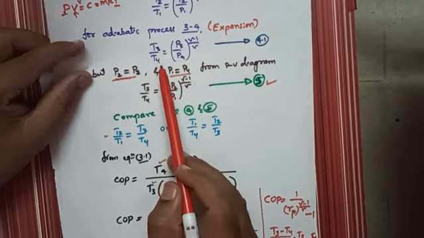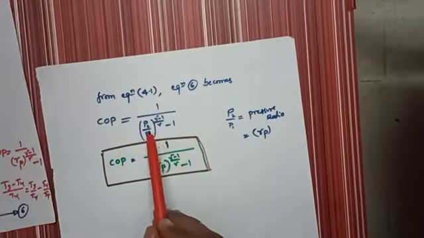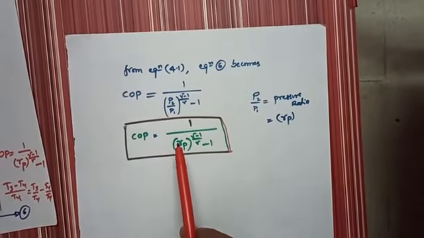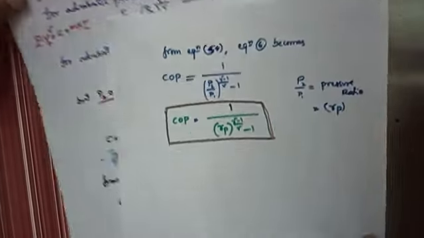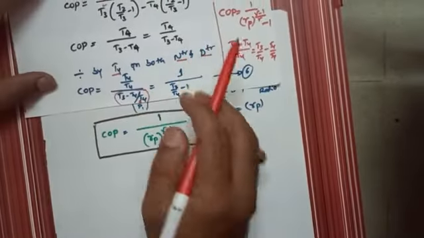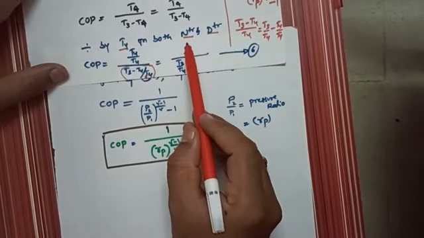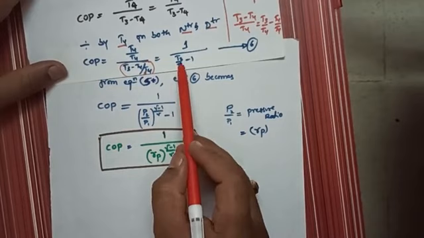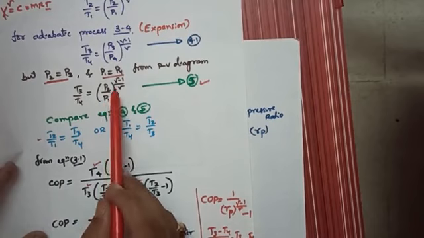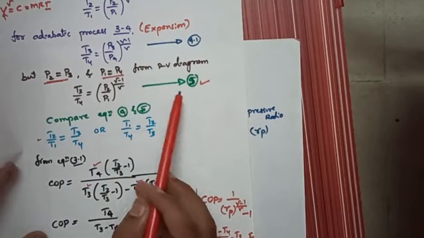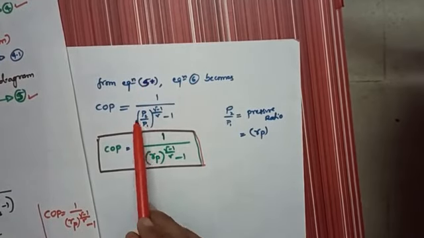So in place of T3 by T4, I will substitute P3 by P4. So from equation number 5, equation 6 becomes this. COP is equal to 1 divided by, in place of T3 by T4, I will write (P2 by P1) to the power of gamma minus 1 by gamma, using equation number 5.